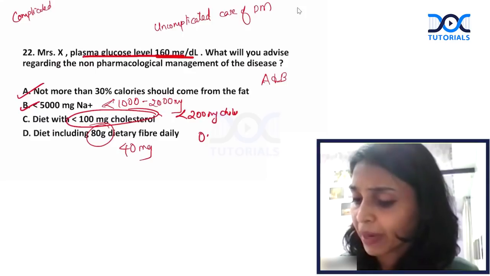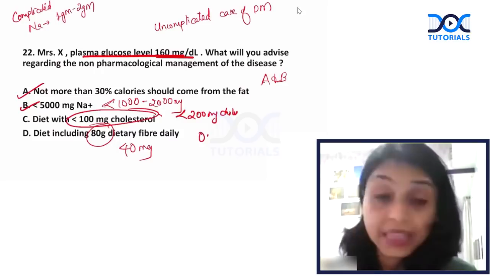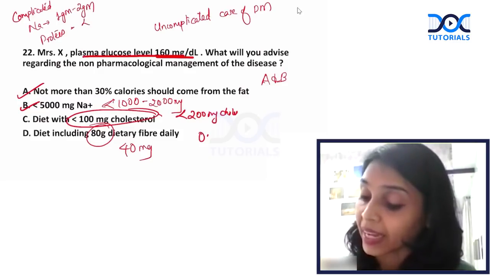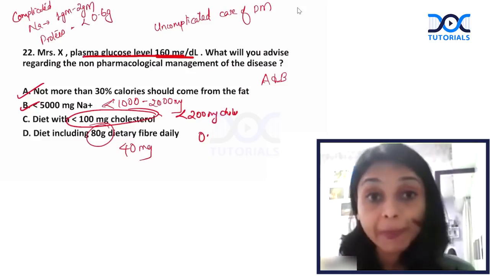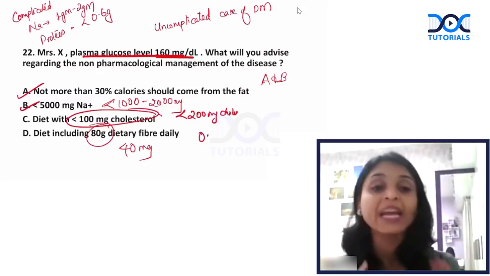If it is a case of complicated diabetes mellitus, then sodium should be kept between 1 gram to 2 gram. Then protein, next MCQ, protein should be less than 0.6 gram per kilogram body weight. Okay, and potassium also should be kept less.